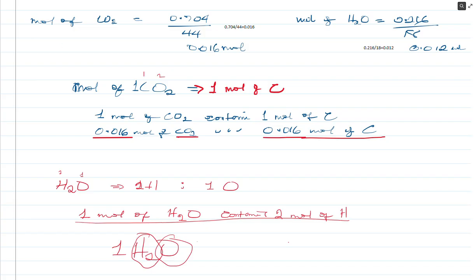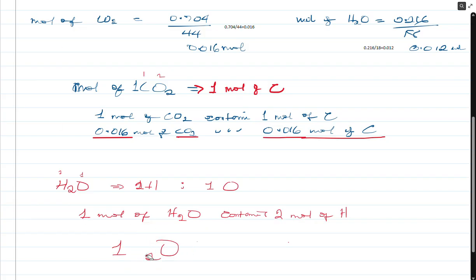So that is how we get the mole of hydrogen from the amount of water that we get up here. So let's go back. From what we get up there, we get 0.012 mole of water.